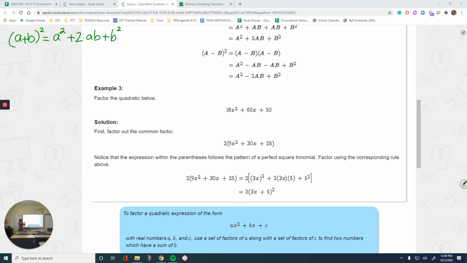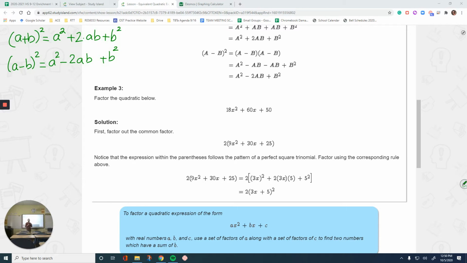Or it could also be a minus b squared. In that case, the first and last term stay the same, a squared plus b squared. The middle term takes the sign of this one, minus 2ab. That's multiplication again. That's the product of 2, a and b. Those are the formulas.